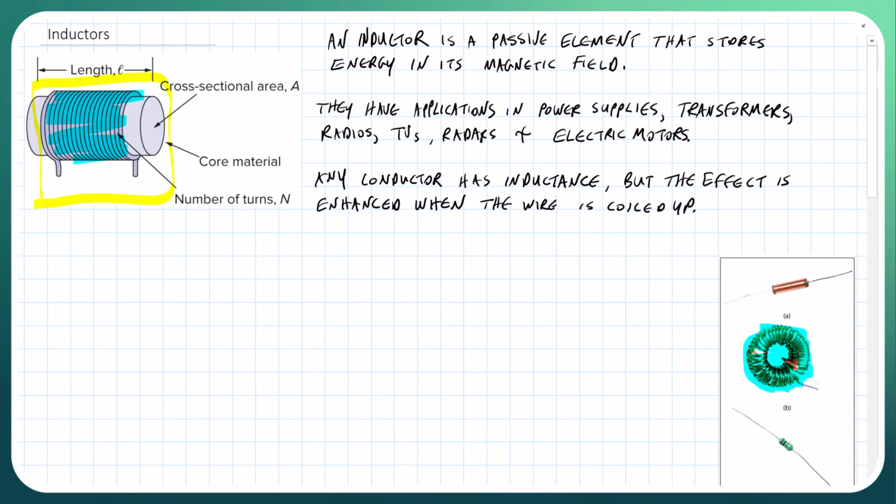Okay. So we can further define this: an inductor consists of a coil of conducting wire. All right.